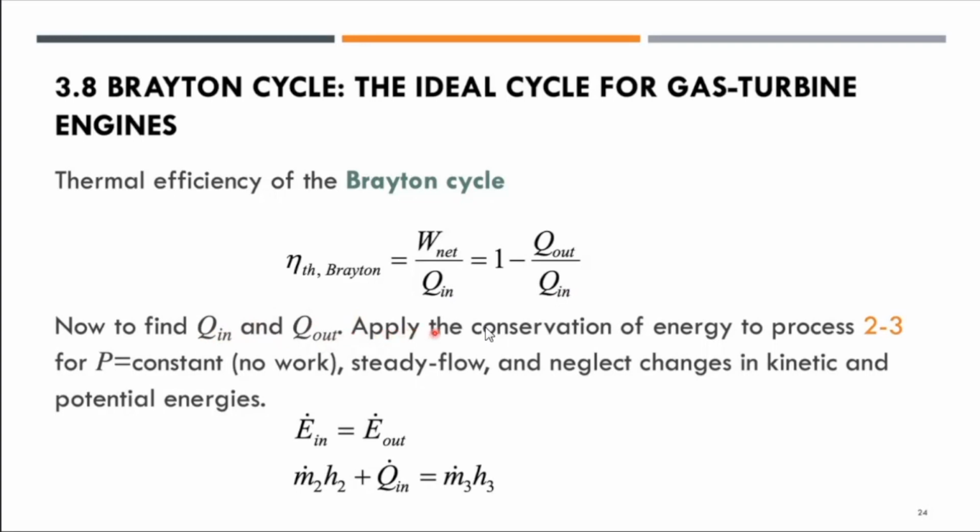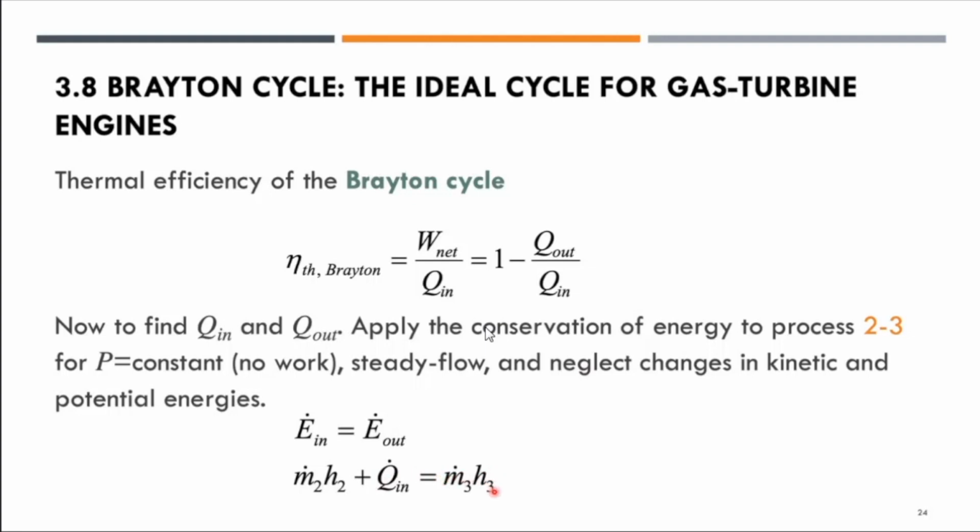We can apply the conservation of energy to process 2 to 3, where we know the pressure is constant. There's no work at the combustion chamber. It is steady flow, and we can neglect changes in kinetic and potential energy. So we can say that the amount of energy into the system is equal to the amount of energy out of the system: m dot 2 times H2 plus Q in equal to m dot 3 times H3.